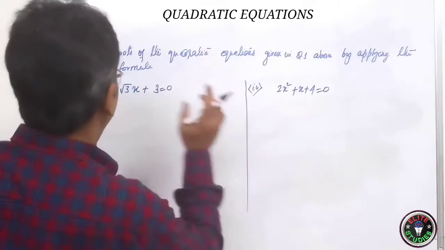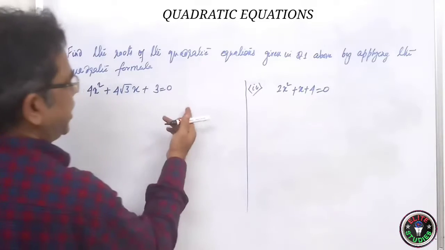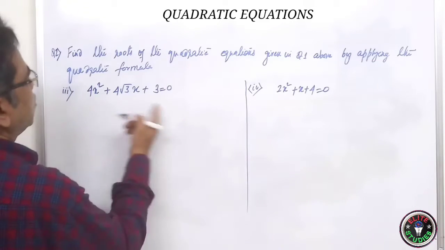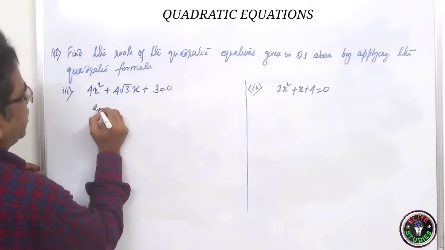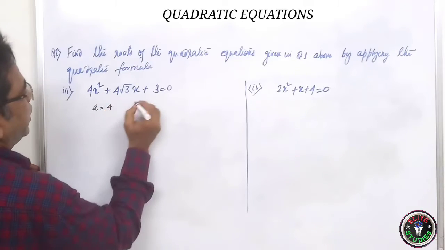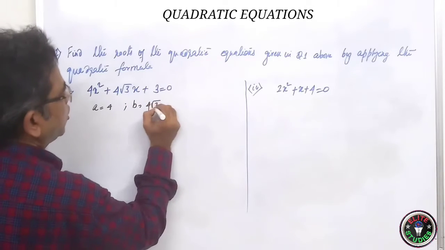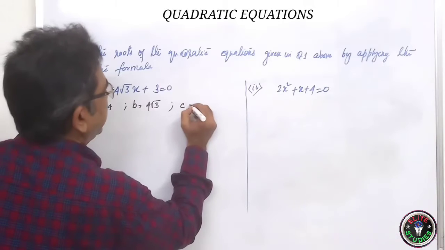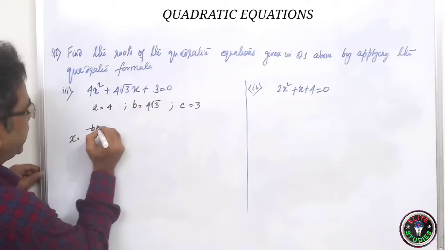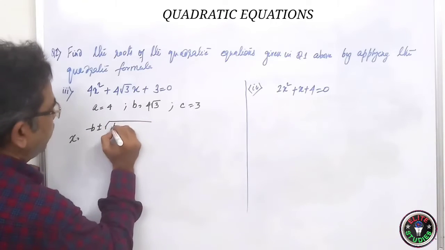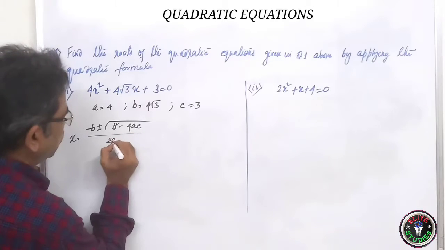Now question number 3 and 4. Question number 3, here we know that roots exist because b square minus 4ac was positive. So here, a is equal to 4 and b is equal to 4 root 3 and c is equal to 3. So we know x is equal to minus b plus minus root over of b square minus 4ac by 2a.